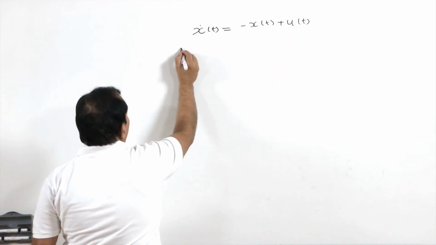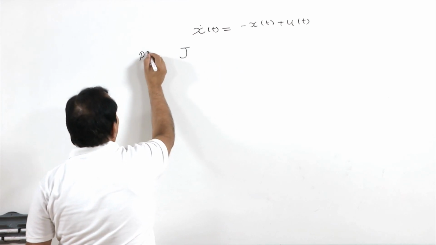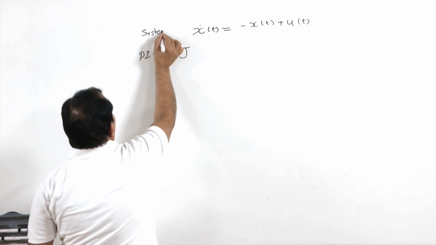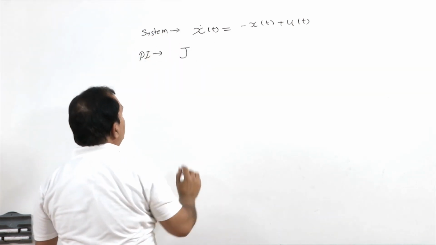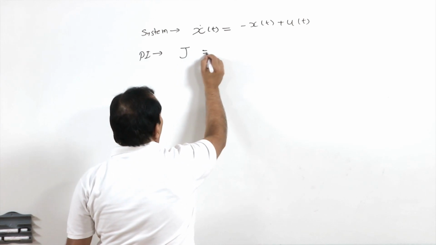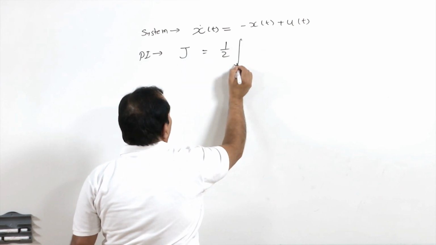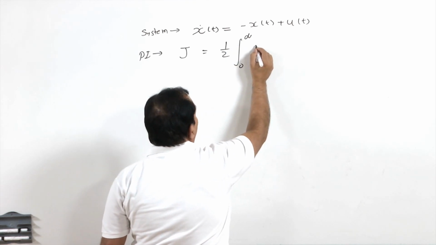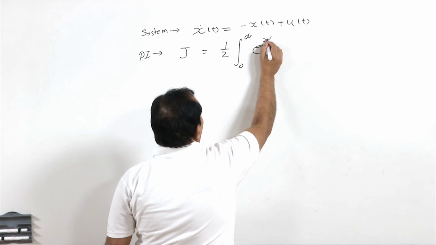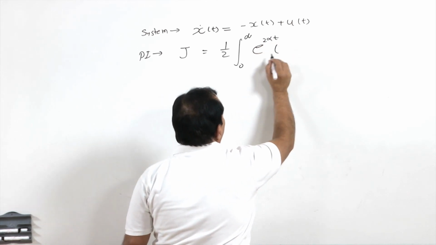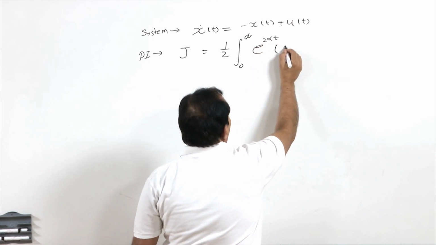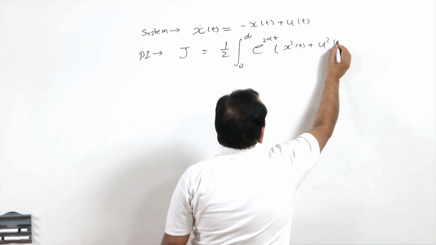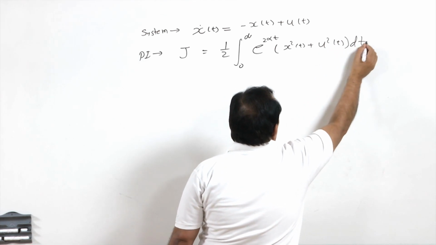And performance index, this is my system, this J is integral of x square t plus u square t dt.